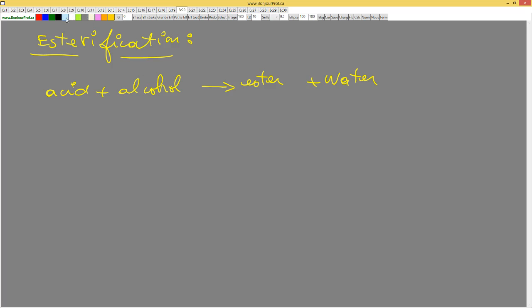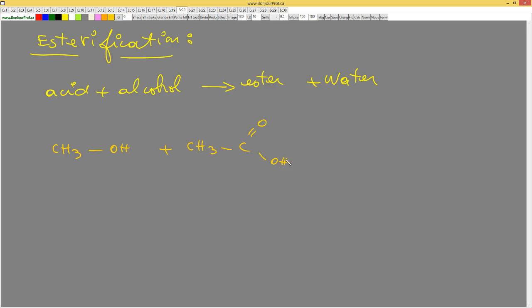Say I have an alcohol, for example CH3OH. Remember, an alcohol has a group of OH with an alkyl chain. Plus an acid. For example, I'm going to take the same CH3C with O and OH.